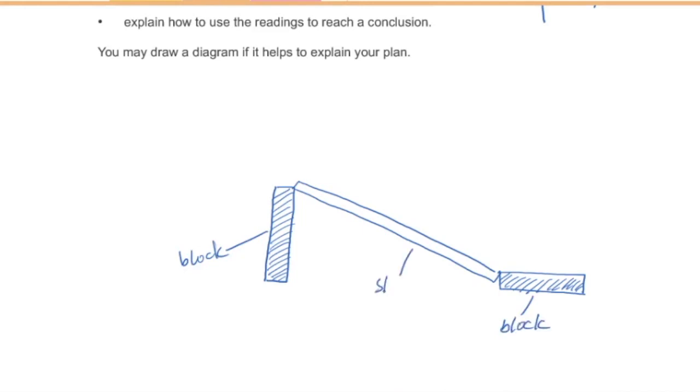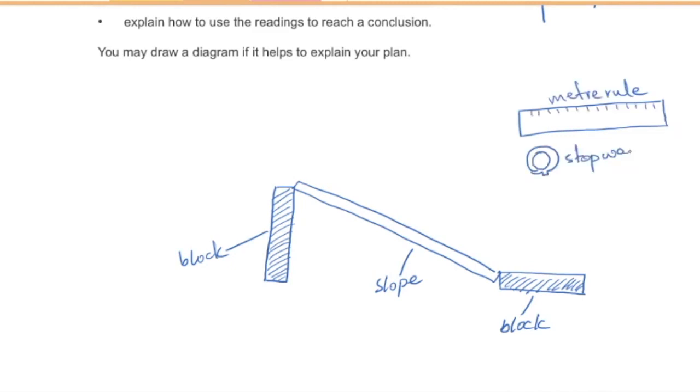Now the additional apparatus that we have are the meter rule, don't forget labeling, and we have the stopwatch too. And we have balls of various sizes. Or you could say we have balls of different diameters.